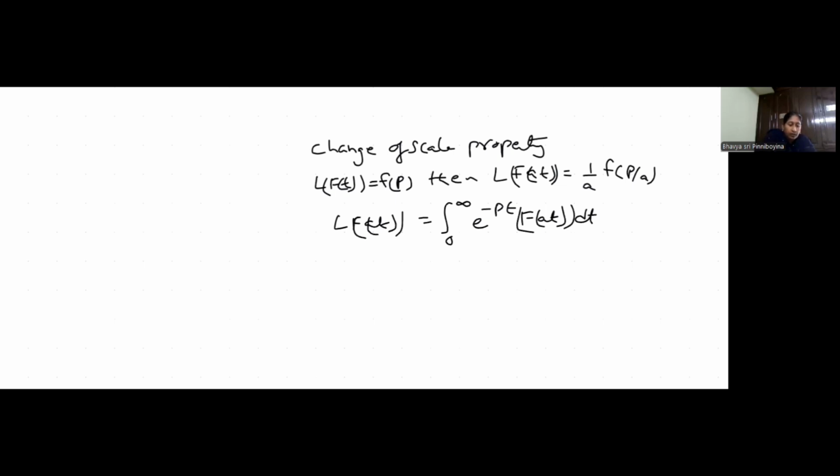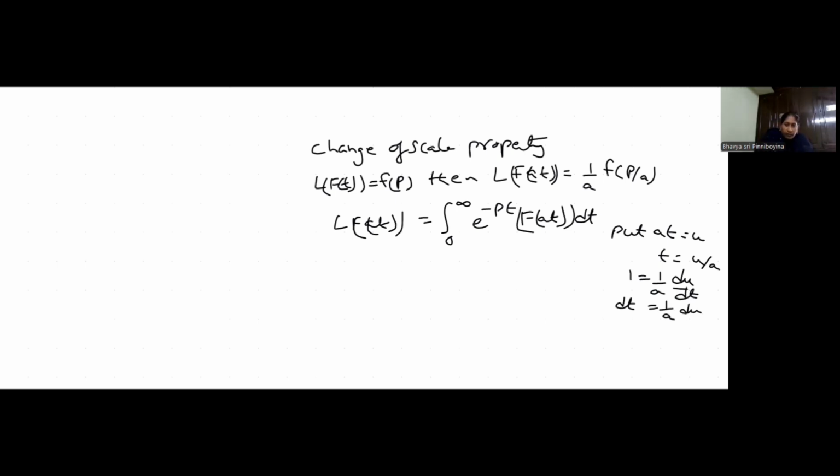Substitute at is equal to u. Then t is equal to u by a. Then take the derivative. t with respect to t is 1, and u with respect to t is du by dt. Then dt will get cross multiplied, 1 by a into du. We get the value of dt.